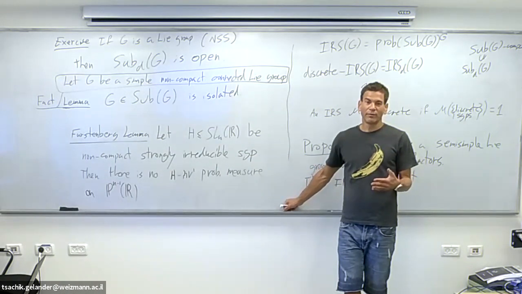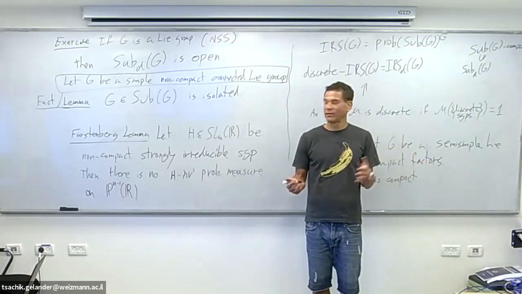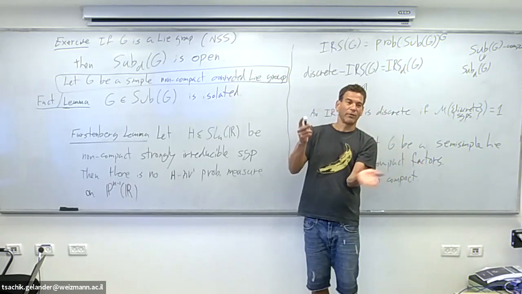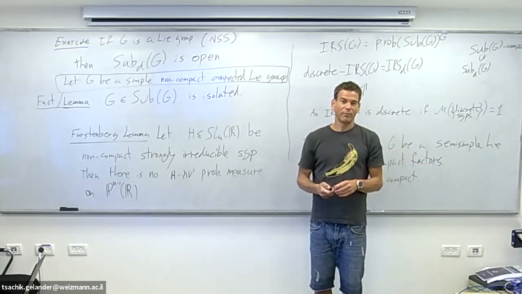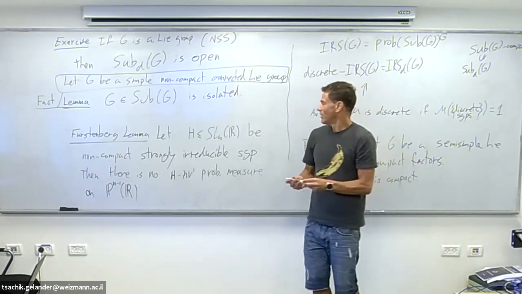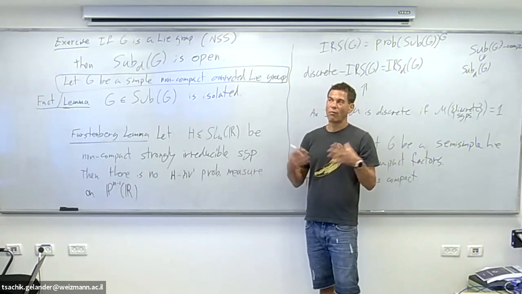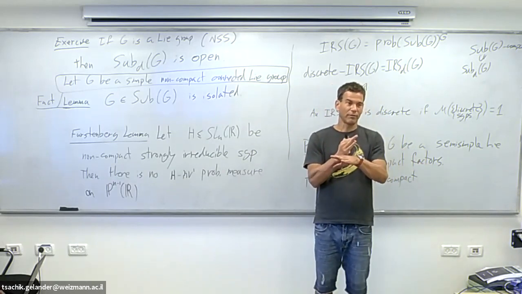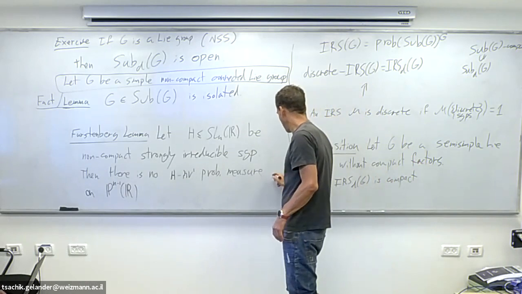A finite group can act irreducibly, like the group of order 4 acting by rotation on R2. It's irreducible, but not strongly irreducible, because strongly irreducible means that there is no finite collection of proper subspaces which is invariant under it.